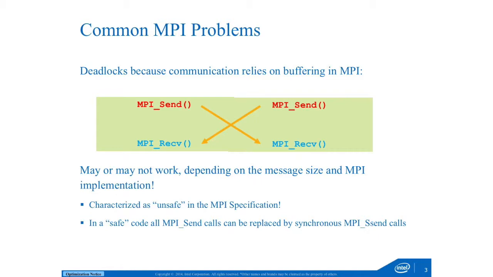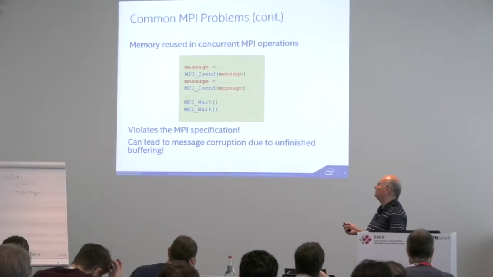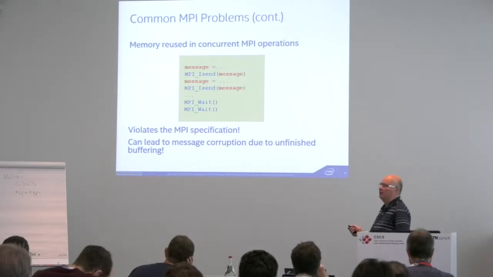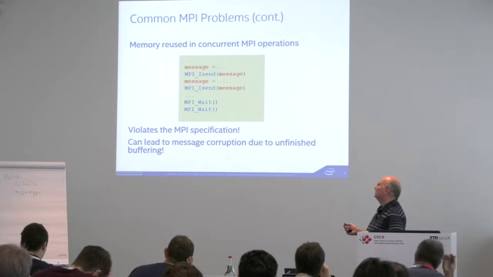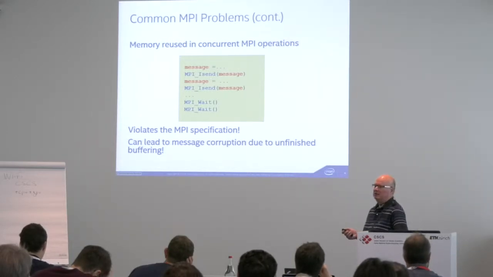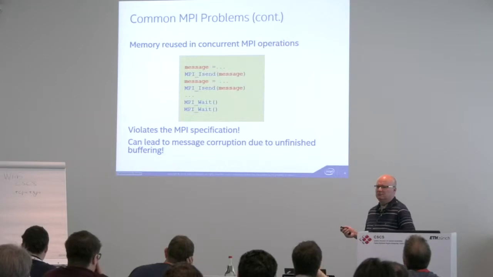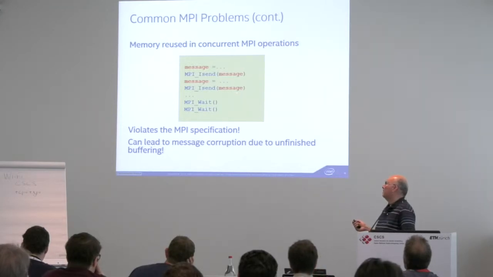Another thing would be something like memory reused in a forbidden way. For example, you define a message buffer, use an MPI send, and then you redefine the message buffer without having an MPI wait or MPI test to finish the iSend and give the message buffer free again.